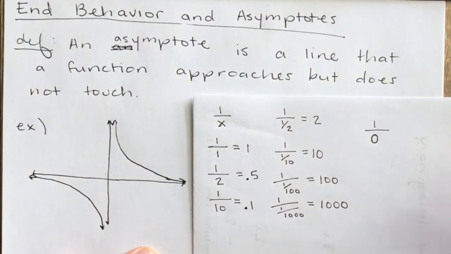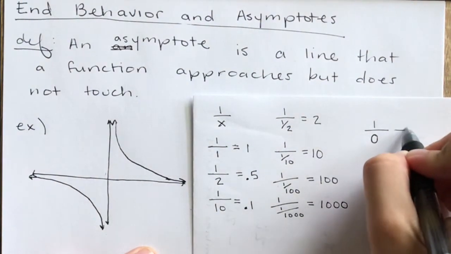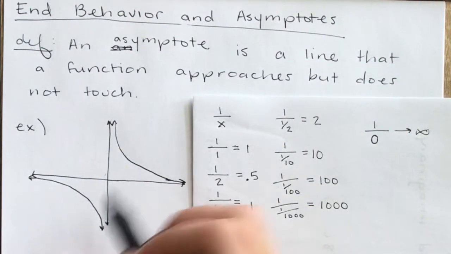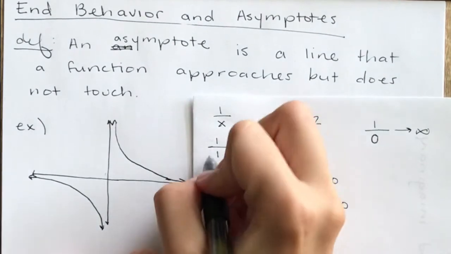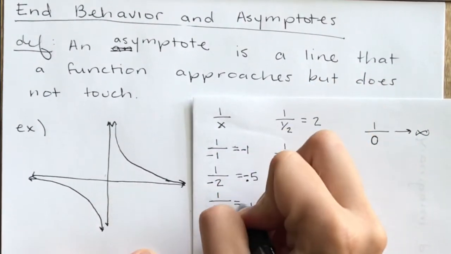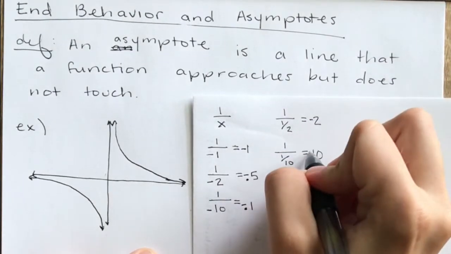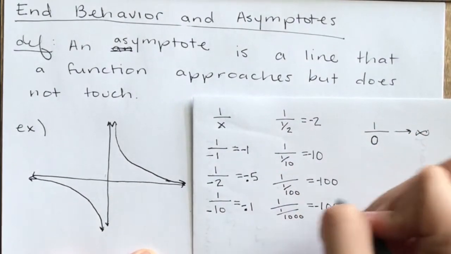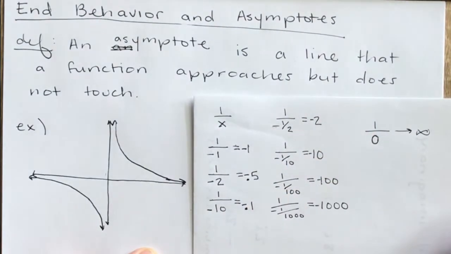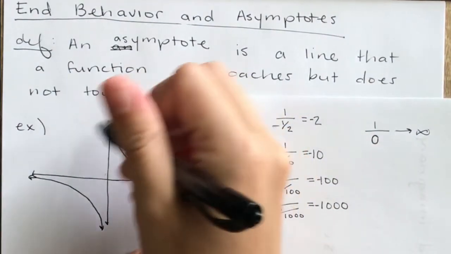Infinitely many, right? So this is kind of infinity. But we also have to remember what's going on with this other side. If I make all of these negative, right, all of a sudden I have negative numbers. Okay, so that's our vertical asymptote.